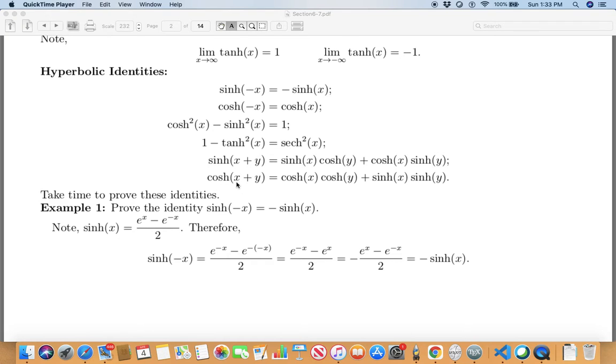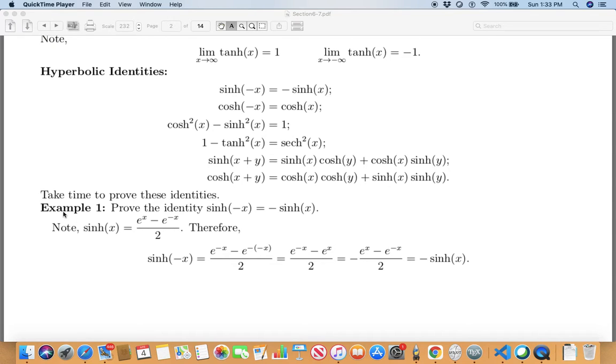Cosine hyperbolic of x plus y is cosine hyperbolic x times cosine hyperbolic y plus sine hyperbolic x times sine hyperbolic y. So these identities are similar to trigonometric identities. This would be a plus. This would be a plus. This is fine as it is. This would be a minus.